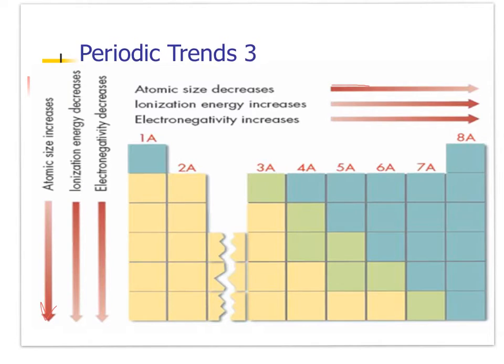The other ones are quite opposite: as you go down the periodic table, they become less and less, and as you go from left to right, they become more and more. A good thing to look at, or even write down on your periodic table as you are preparing yourself, not just for the Chapter 3 quiz, but also the Unit 1 quiz.